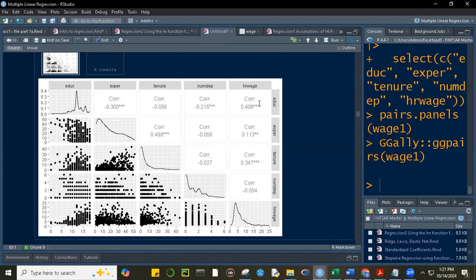You also have the statistical significance: three stars mean they're highly statistically significant, and those without stars are not statistically significant. In the diagonal, you have the plot of the variables, and you also have the scatter plots, just like the pairs.panels. Only this is a lot better, at least for me, in terms of presentation.